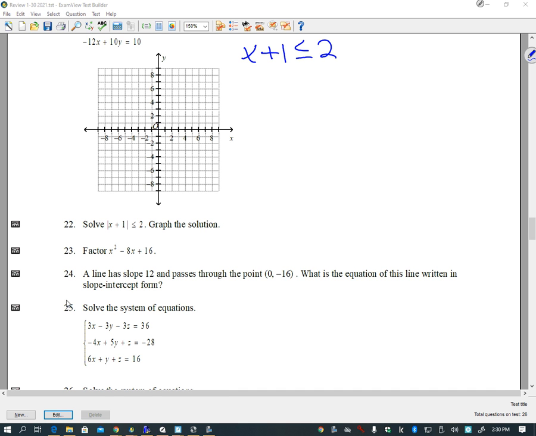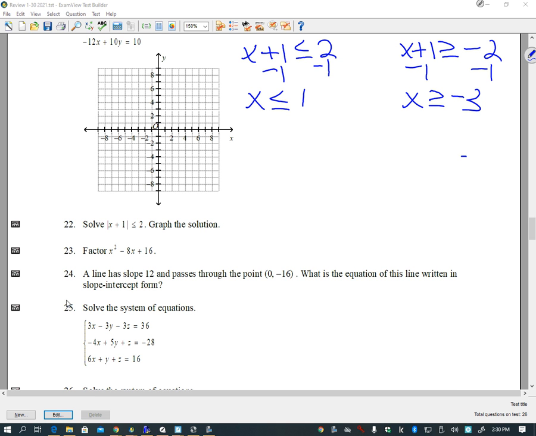Okay, and what's the next one? Greater than or equal to negative 2. Okay, got to have both those things. Flip the sign, change the value. Now what? Subtract 1, so x is less than or equal to what? 1 over here.